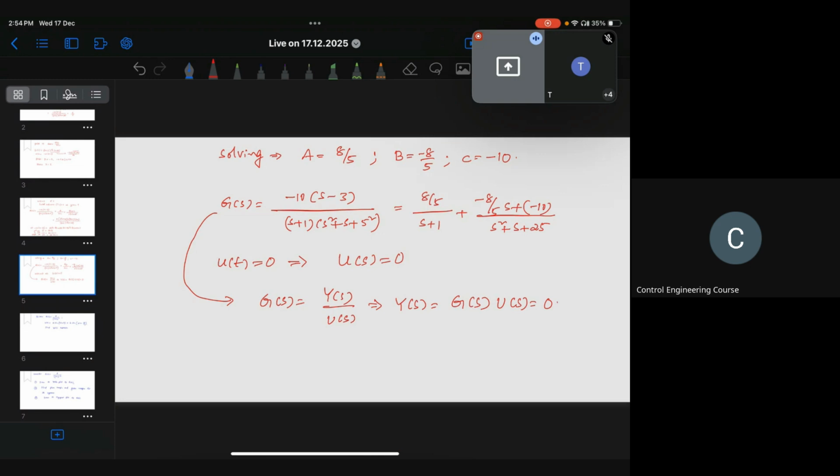That is one way, or else you can find g(t), the impulse response, and then its convolution with u(t). In that case also u(t) is already 0, so the output is 0. Okay, so that is the third question.